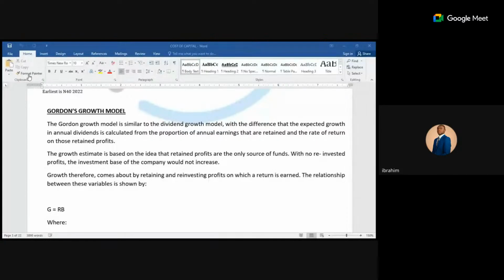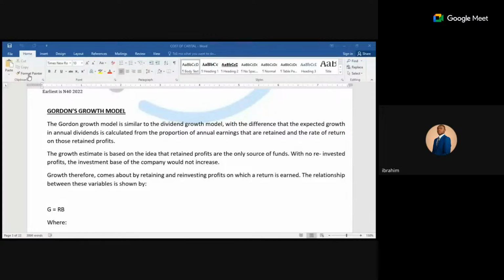Now, the functions of the financial manager are to make an investment decision, a financing decision, and a dividend decision. In some other texts, you will have risk management. For the investment decision, you need to identify a project that is viable.